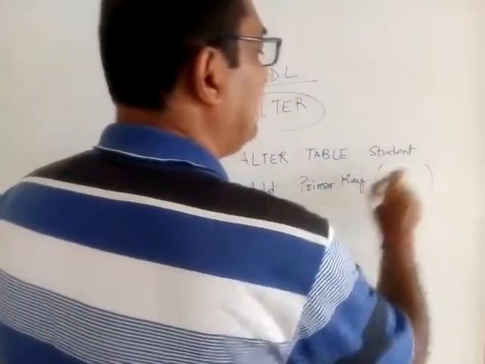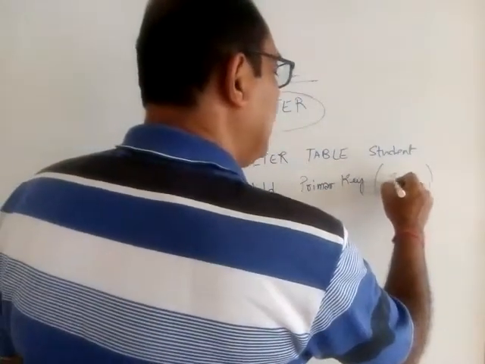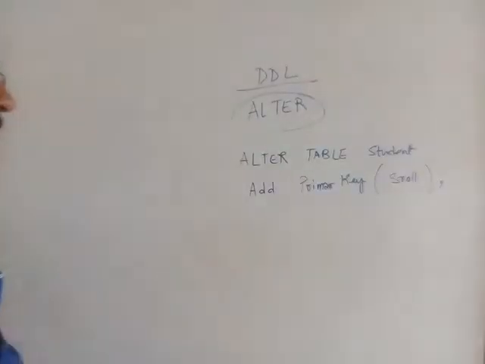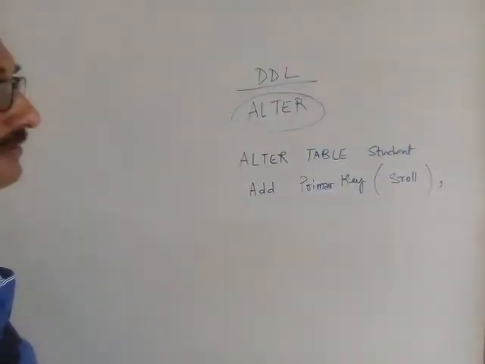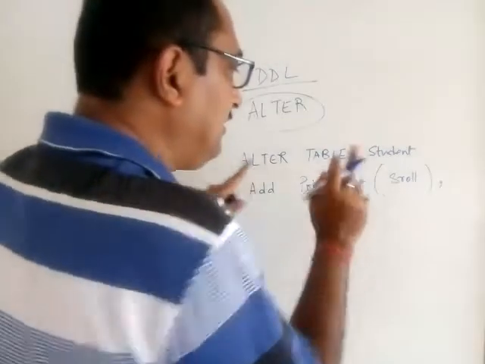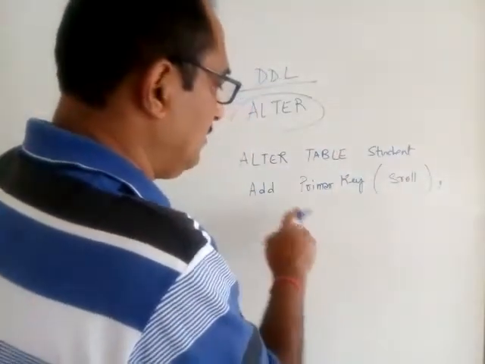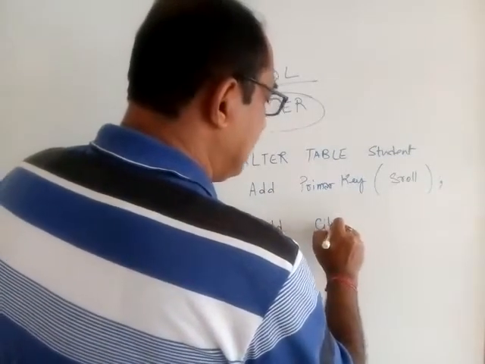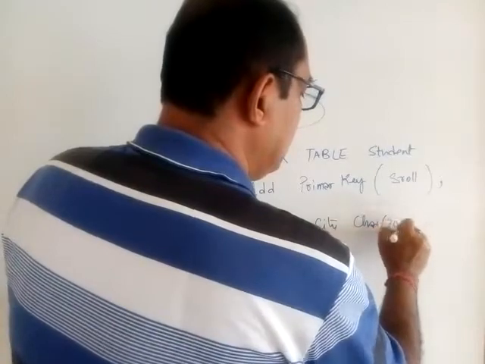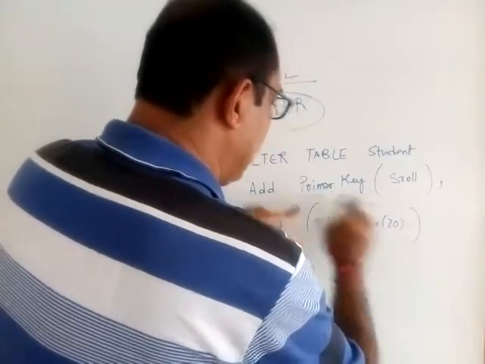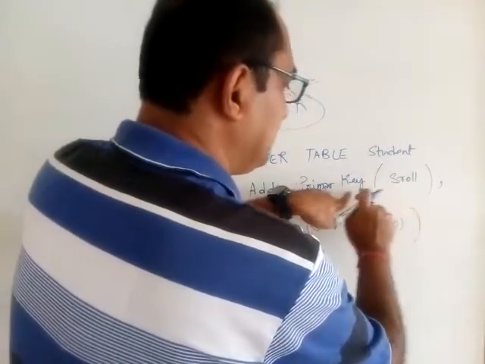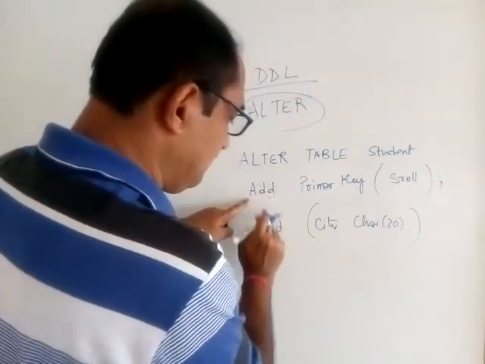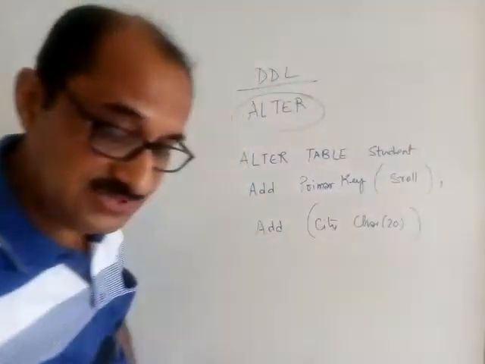Say I thought that S row should be the perfect one to be primary. So I write S row. That's it. Fine. So remember, with alter table, only with 2 cases this bracket thing comes. One is when you add a column like this, which I was showing you just now, add city, character, whatever. So this whole thing came within the bracket. And if you add a primary key, then also this bracket comes. But the bracket embraces only the field. So only these 2 cases, and with the add only, remember, this bracket comes with the alter table.